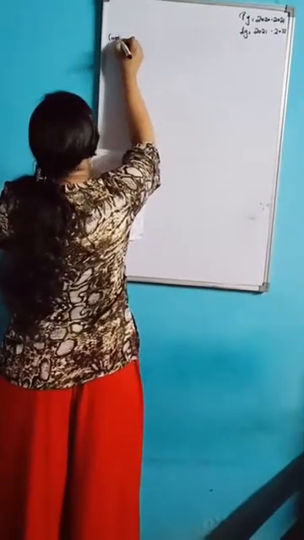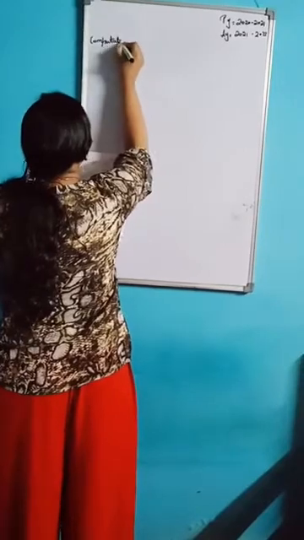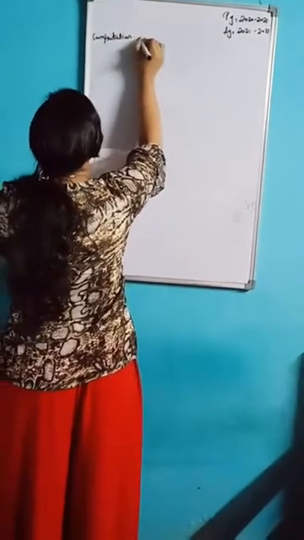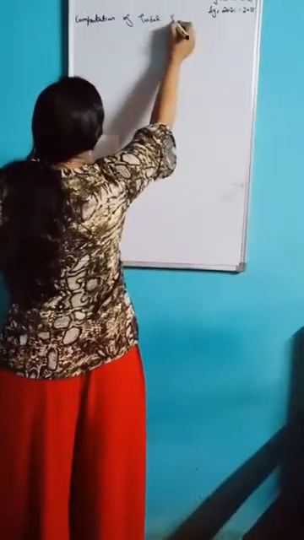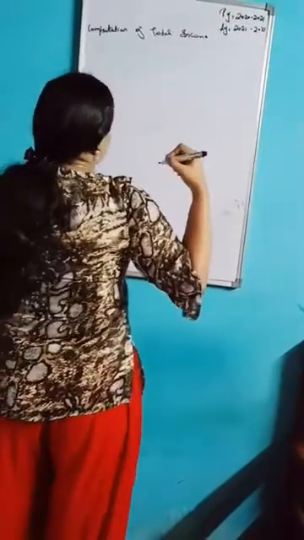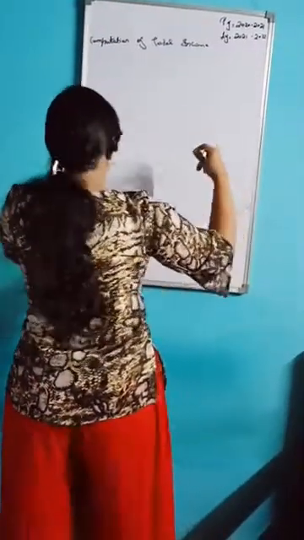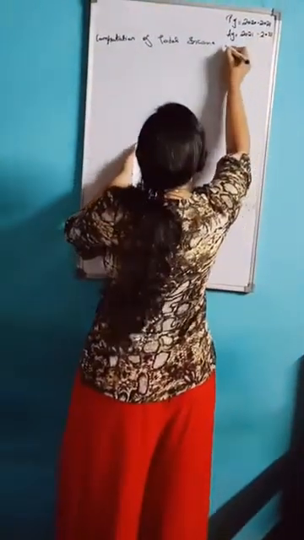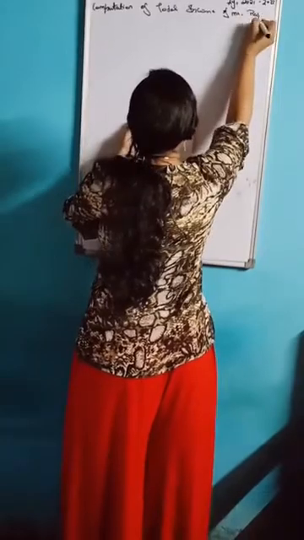Here computation of total income. So first we can calculate the computation of total income, and later we will calculate the tax liability. The total income of Mr. Raja.